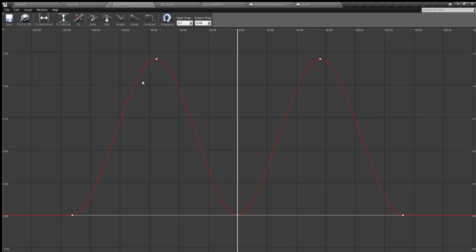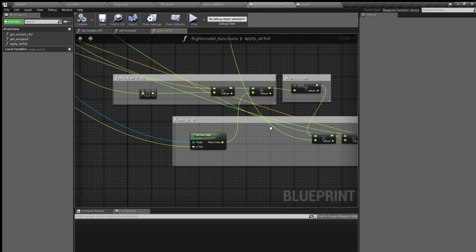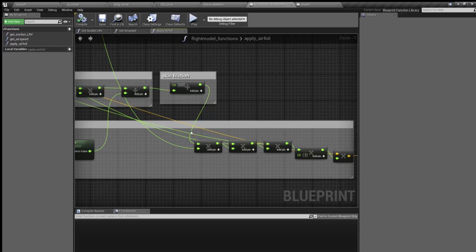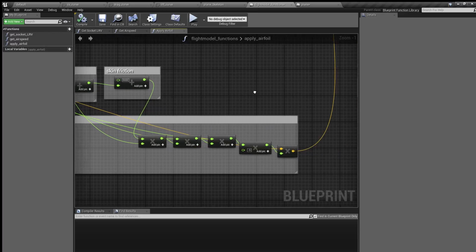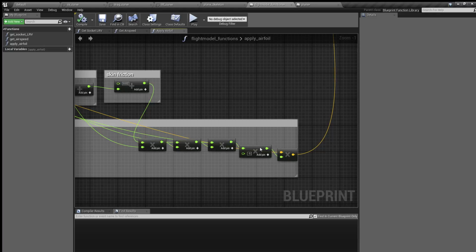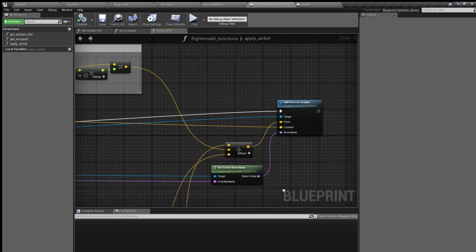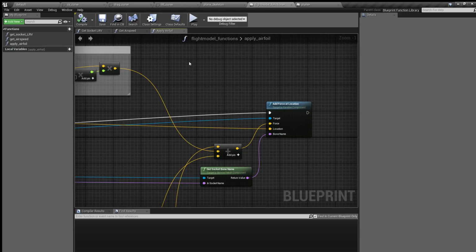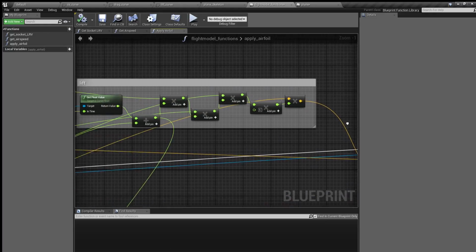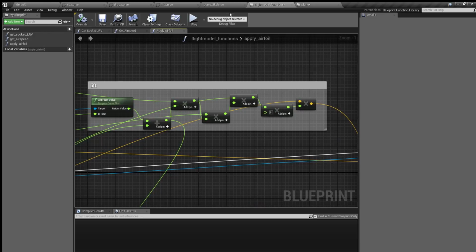This actually varies with angle of attack, as I explained earlier. Again, multiply by air density, multiply by square of the airspeed, multiply by -5. This whole thing is added, and well, that's basically it. That's your airfoil calculation.